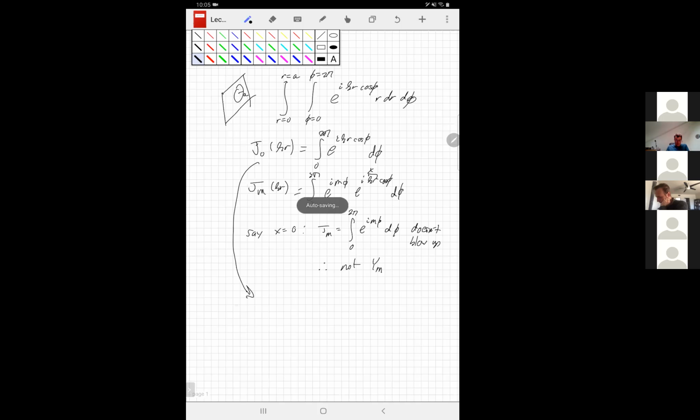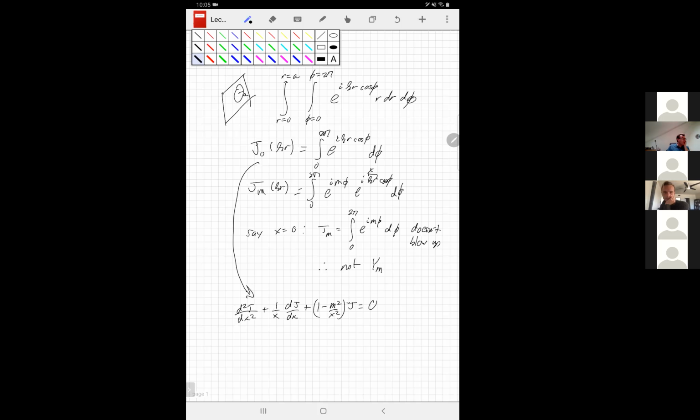All right, so remember the differential equation is d squared J dx squared plus 1 over x dJ dx plus (1 minus m squared over x squared) J equals 0.